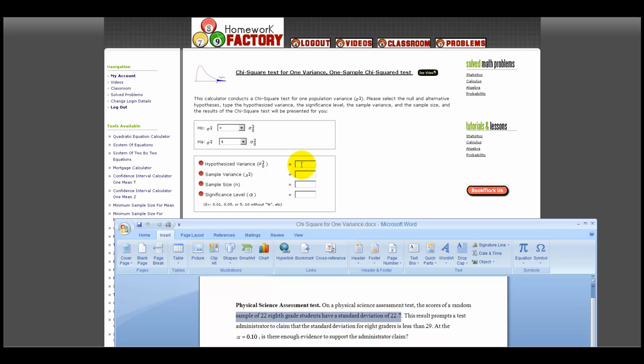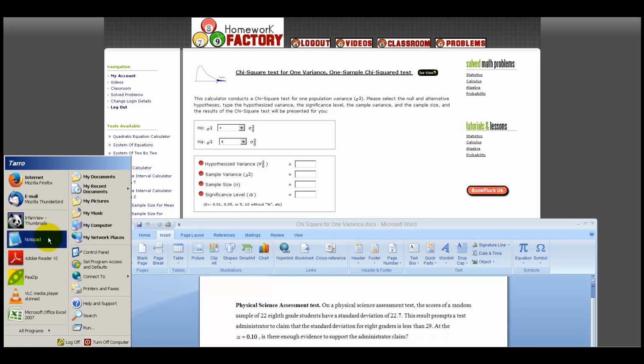What is the hypothesized variance? In this case, what you have is the standard deviation. So you're going to have to make a little calculation, because you want to claim that the standard deviation of the population is less than 29. But what is that in terms of a variance?